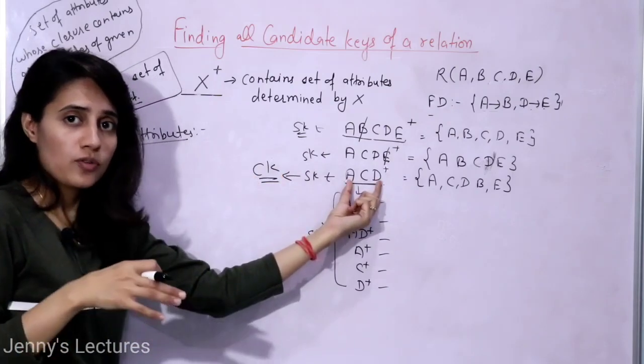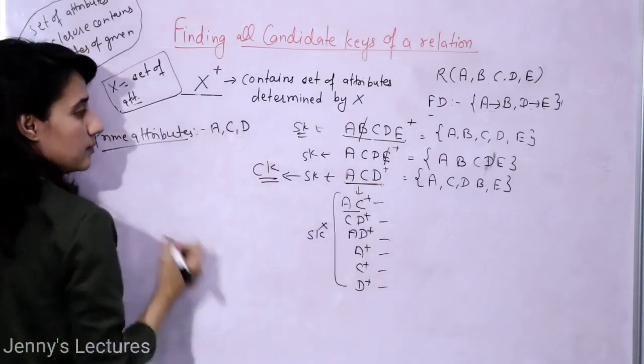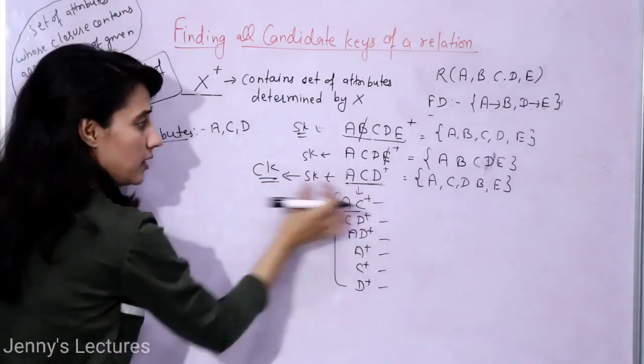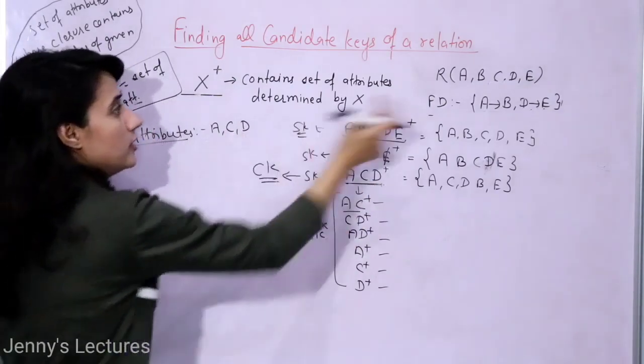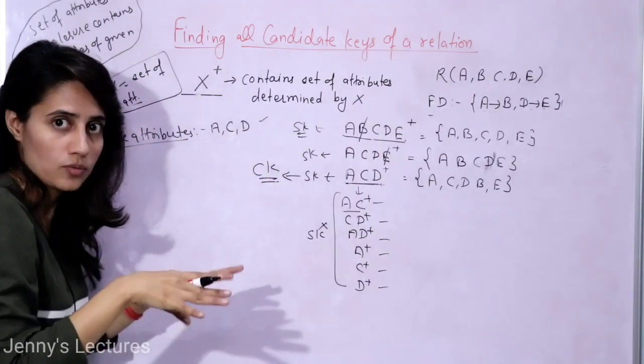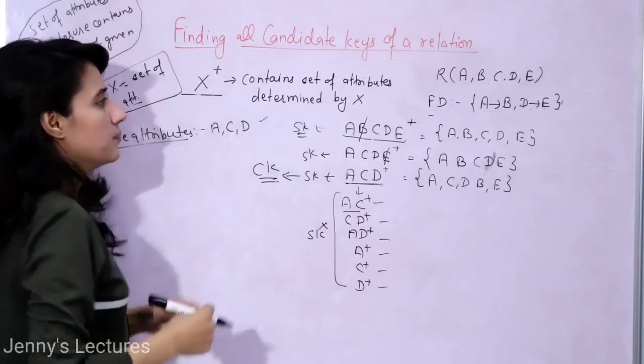So prime attributes are A, C and D, because these attributes are part of the candidate key. I am not saying that the only prime attributes are A, C, D. Now you need to check.